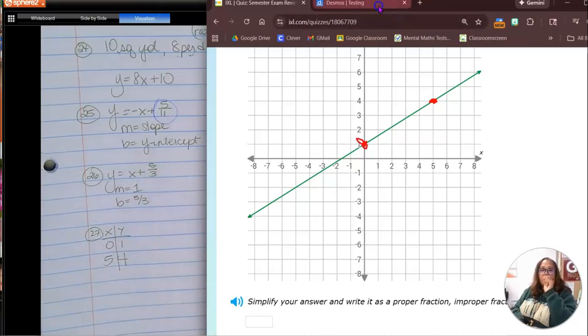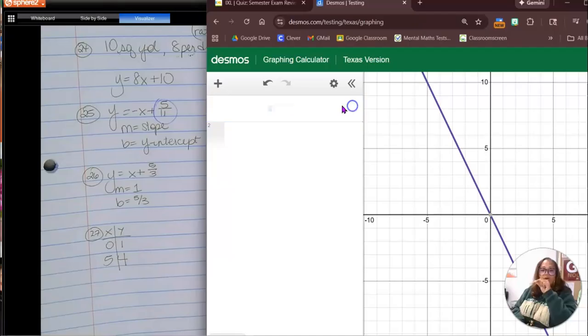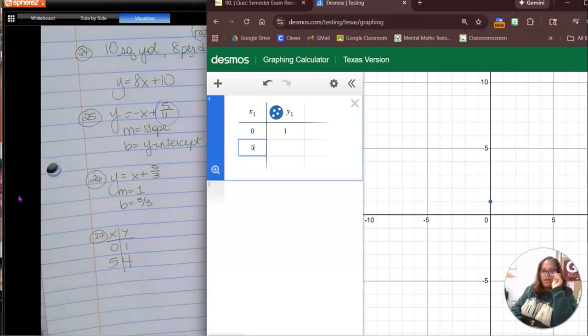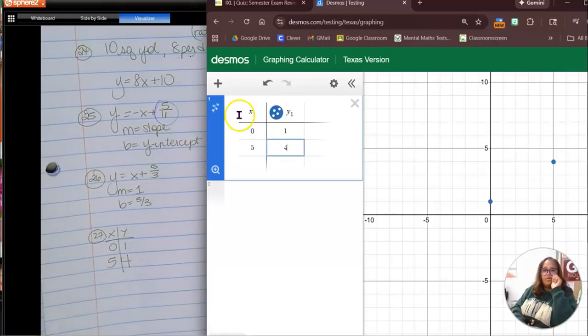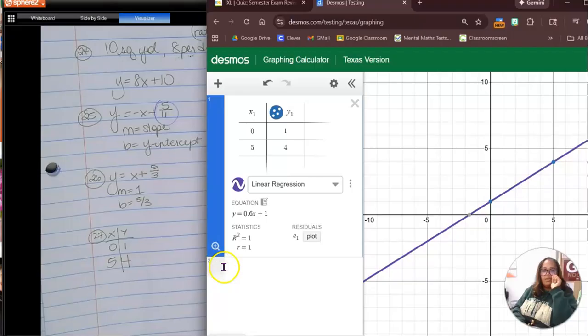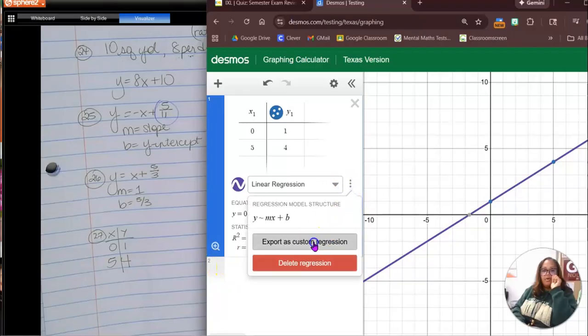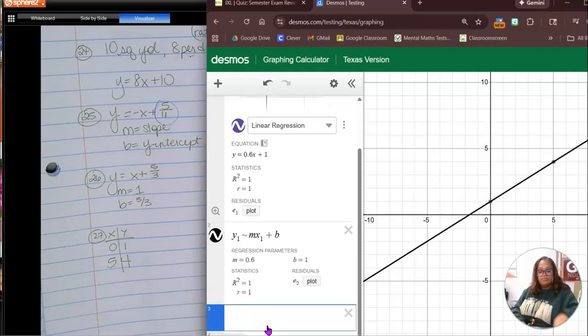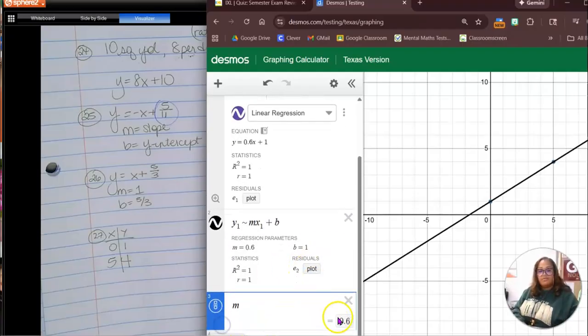So then go to Desmos, make your table 0, 1, 5, 4, linear regression, export, get M as a fraction, which is 3/5.